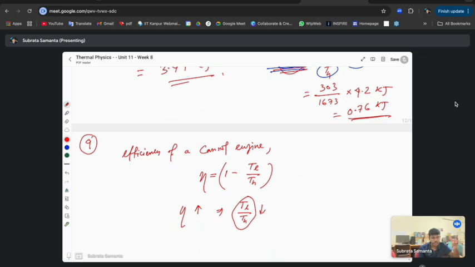Because if we decrease the value of this ratio, that means 1 minus this basically increases. So now there are two ways we can do this. How to decrease the ratio TL over TH? One way is that TL decreases, another way is that TH increases.